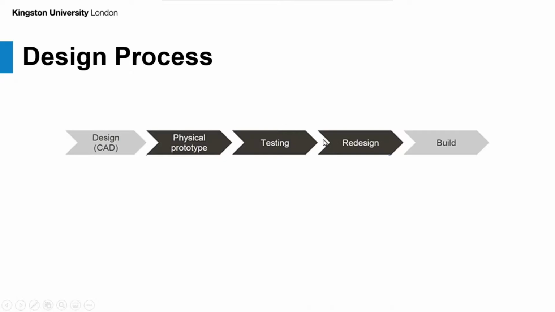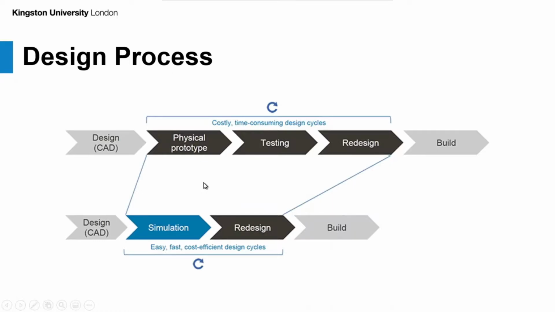Depending on what kind of parts you're dealing with, the number of iterations and design changes would be different. But again, this method is really time consuming and quite expensive because you have to make the prototype every single time. Whereas by using computer-aided engineering, you can use software to simulate those conditions virtually, see the results and whether you're happy with them, and come back and amend your design and run the simulations again.